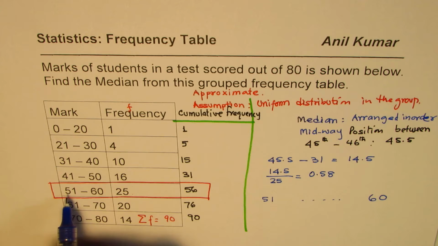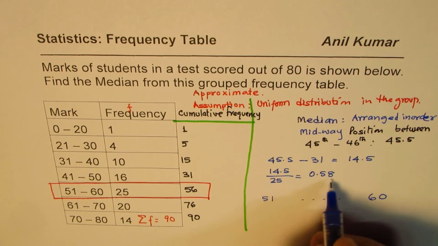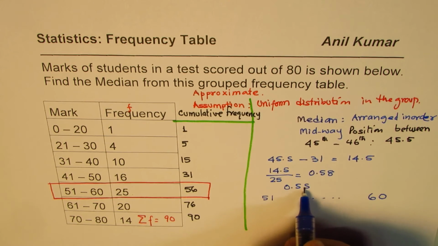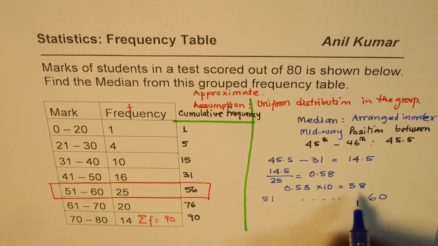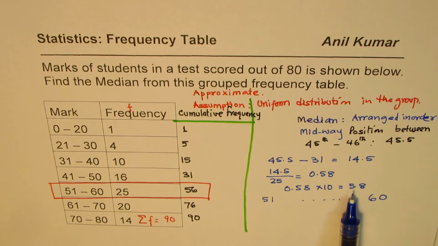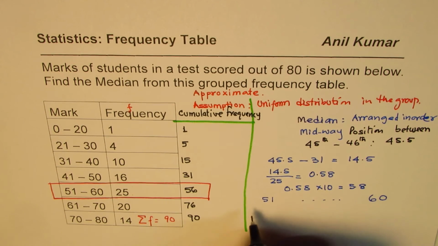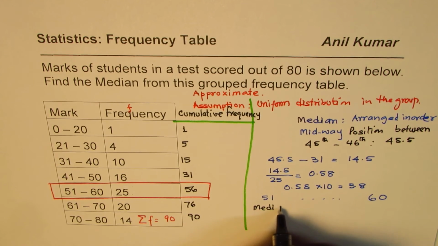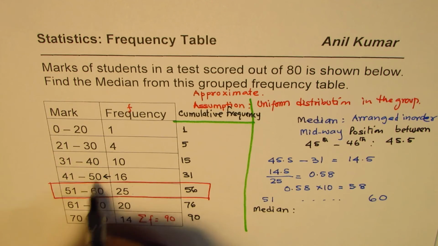Now the interval is of 10 marks, 51 to 60. So if I multiply 0.58 by 10, I get 5.8. Do you see that? So the median is 5.8 higher than 50, the upper bound of the previous interval.